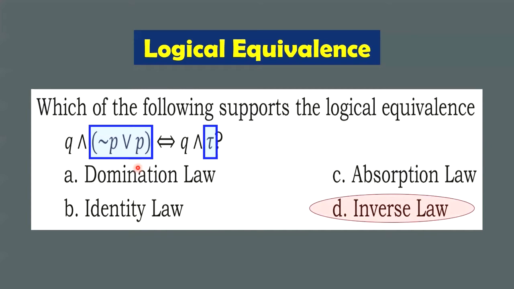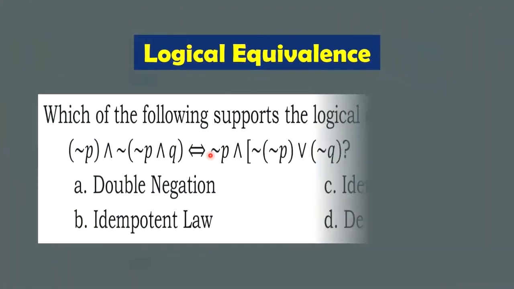So paano ba nalalamang tau? I-consider nyo to as sets, union. So, the set P, union with its complement. Buong set yon, yung universal set ang magiging sagot, which is tau. Again, if you're talking of sets, para mas madali nyong ma-memorize. Let's have another one.